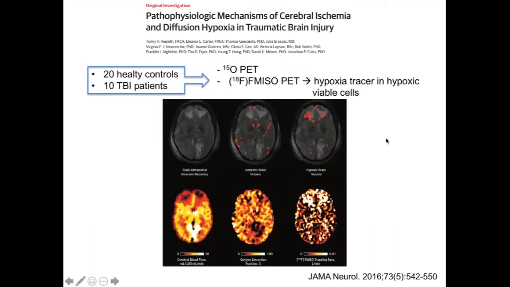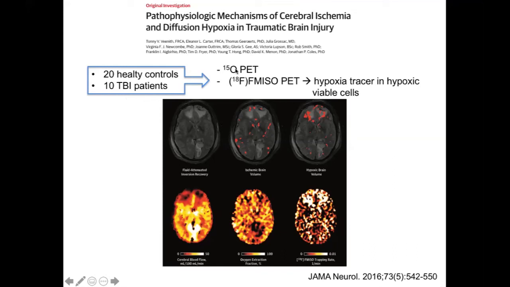This is a very, very elegant paper published again by the group in Cambridge, and they investigated 20 healthy controls and 10 TBI patients. The interesting thing is that the patients underwent two types of PET scan.